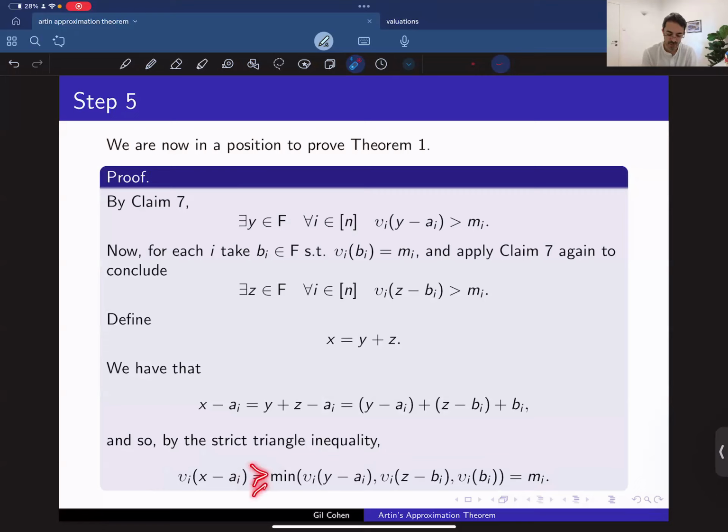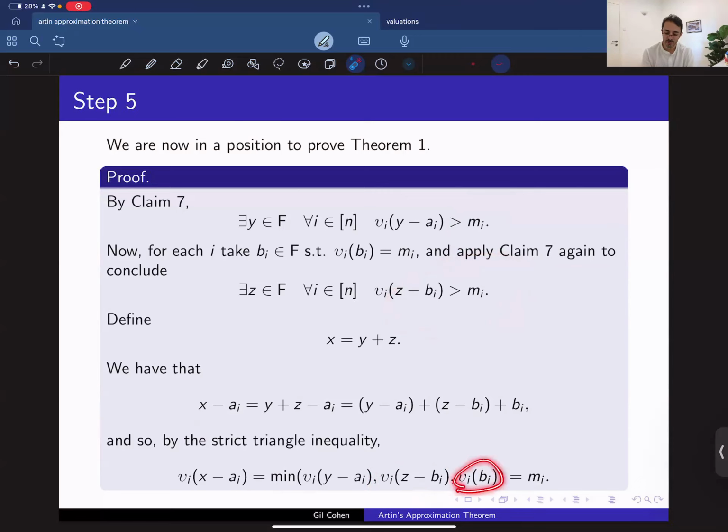By the triangle inequality, this is at least the minimum, because of the way we wrote it, between the ith valuation of this expression and that expression. Now, the ith valuation of y minus ai is strictly larger than mi. The ith valuation of z minus bi is, again, strictly larger than mi.